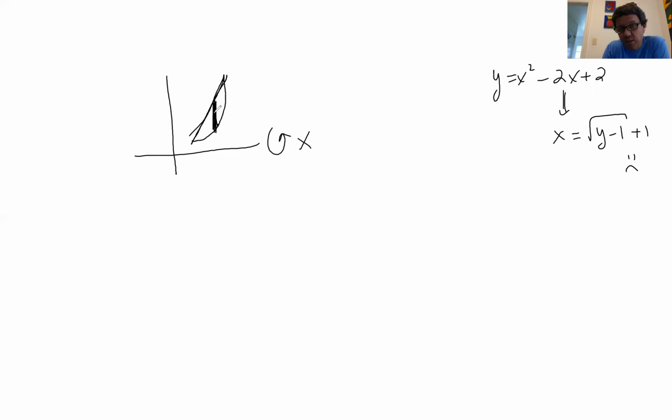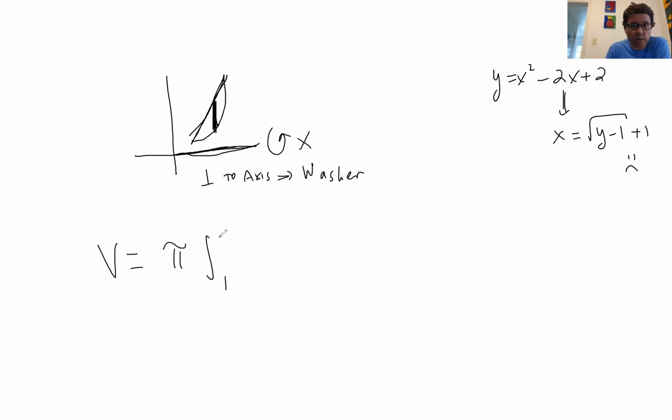But if you then said the strip was up and down, now you're perpendicular to your axis. So if you're perpendicular to the axis, then you have to use the washer method instead. So the volume of this one will now be pi, still 1 to 3 in dx because my strip is up and down. So I'm talking about x moving. The inside radius, the little one, will be however far it is until I hit the parabola.